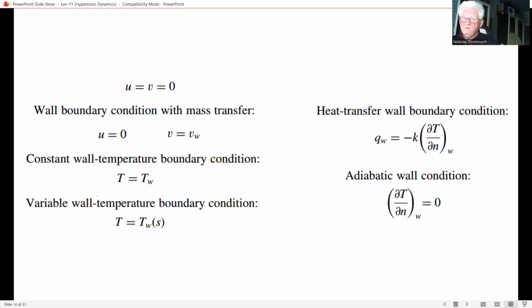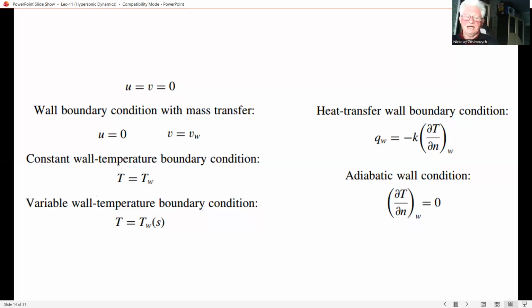Therefore, in the most general case, the wall boundary condition must be matched to a separate heat conduction analysis, describing the heat distribution within the surface material itself. Both the flow problem and the surface material problem must be solved in a coupled fashion.